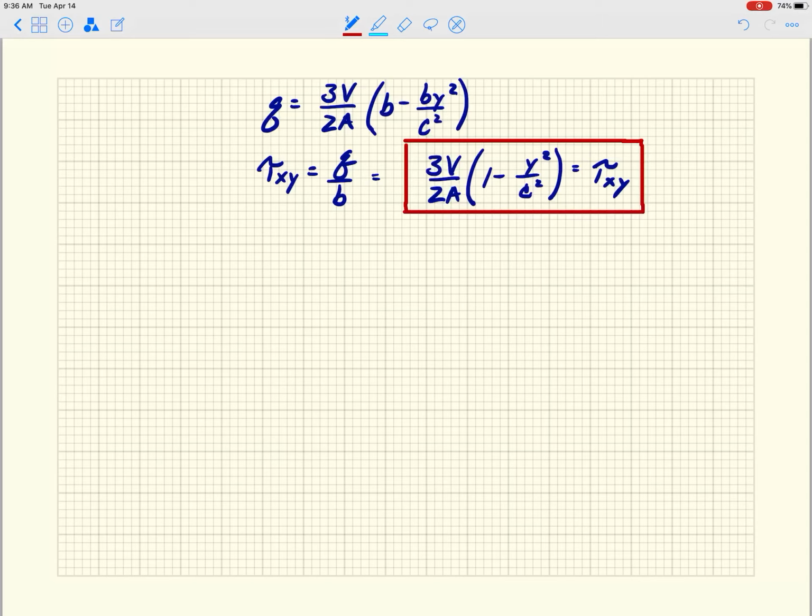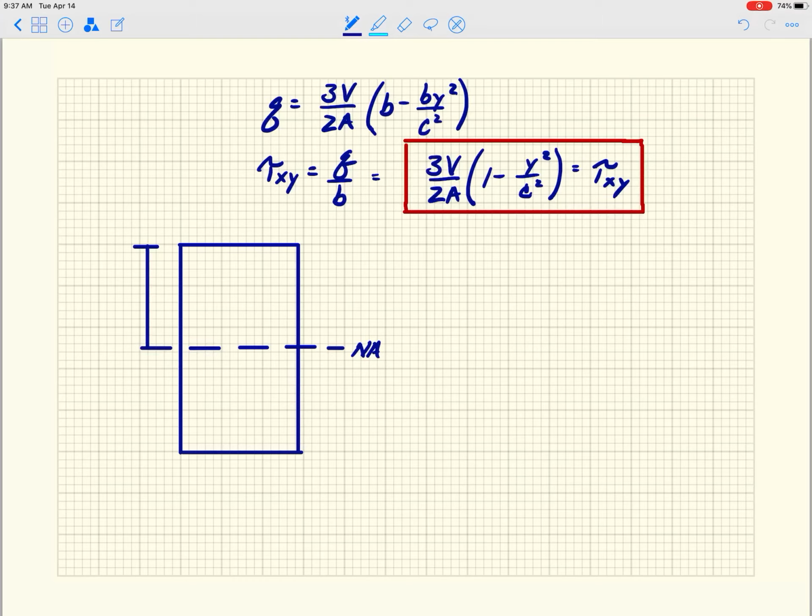So now we can plot that, and we can see how this looks. So let me redraw my cross section. I'm going to draw it a little bit bigger this time. So that's my neutral axis.